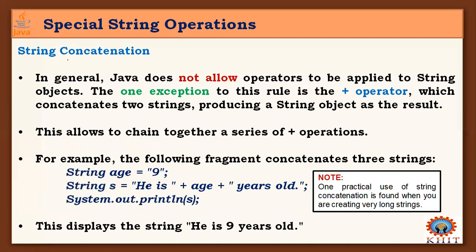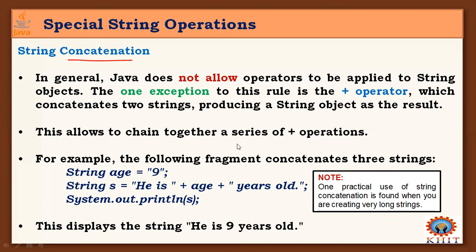Next one, string concatenation. In general, Java does not allow operators to be applied to string objects. Generally, Java doesn't allow operators to be applied to string objects, only on string values.